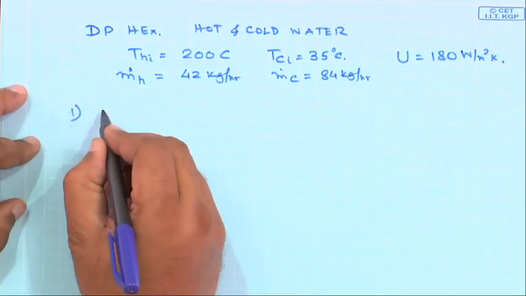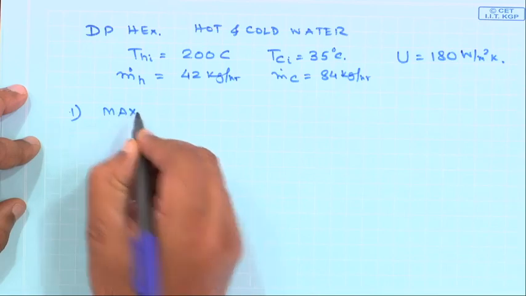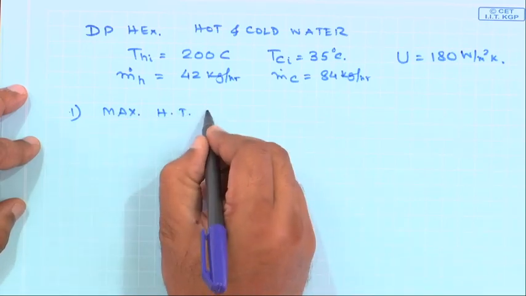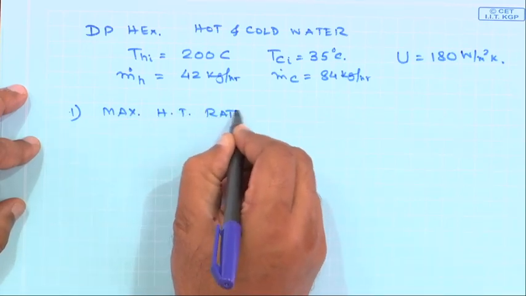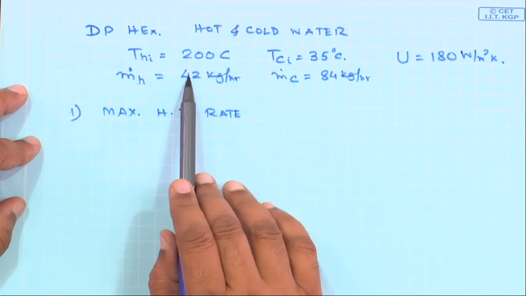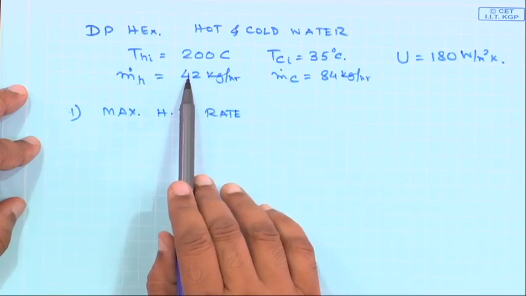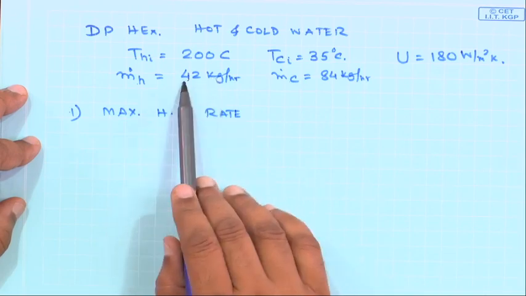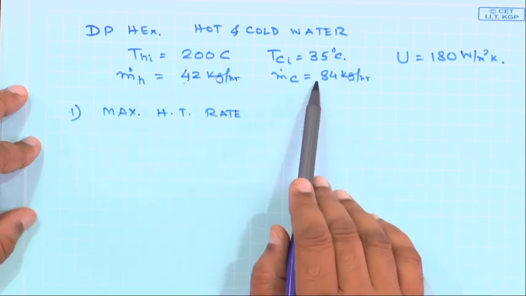So, the first one is to find out the maximum heat transfer rate. If you look at the values, m dot H is half of the cold water flow rate.